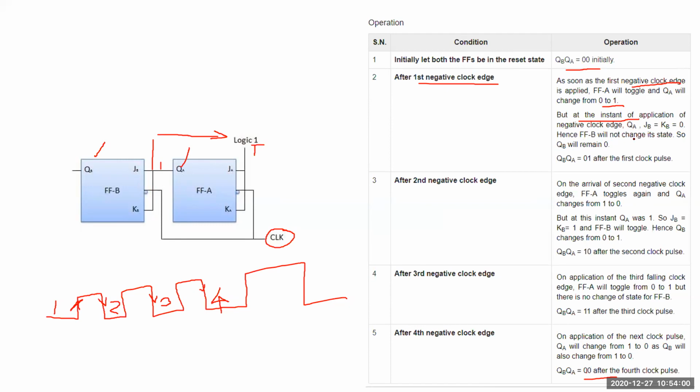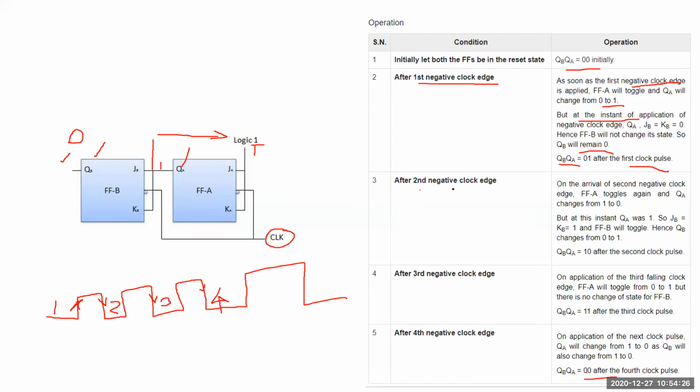Hence, flip flop B will not change its state. So QB is going to remain at the same state, that is, 0 only. In here I have written QB. So your outputs will be 0 and 1. 0 and 1 will be your outputs for the first case of operation. Whenever the first clock pulse is applied, you will get an output of 0, 1.